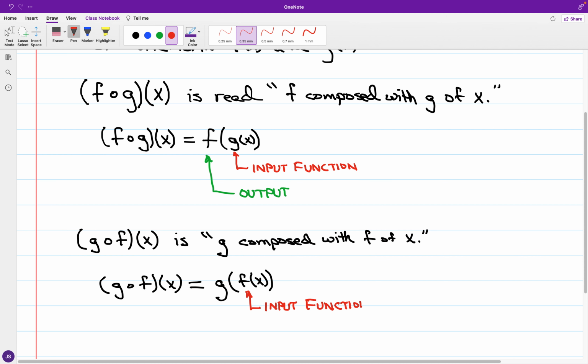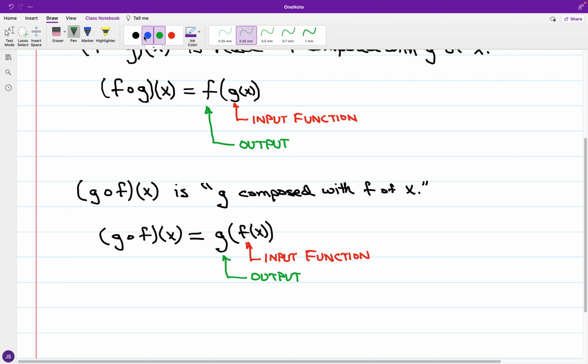Okay, and just looking at some samples regarding compositions of functions.